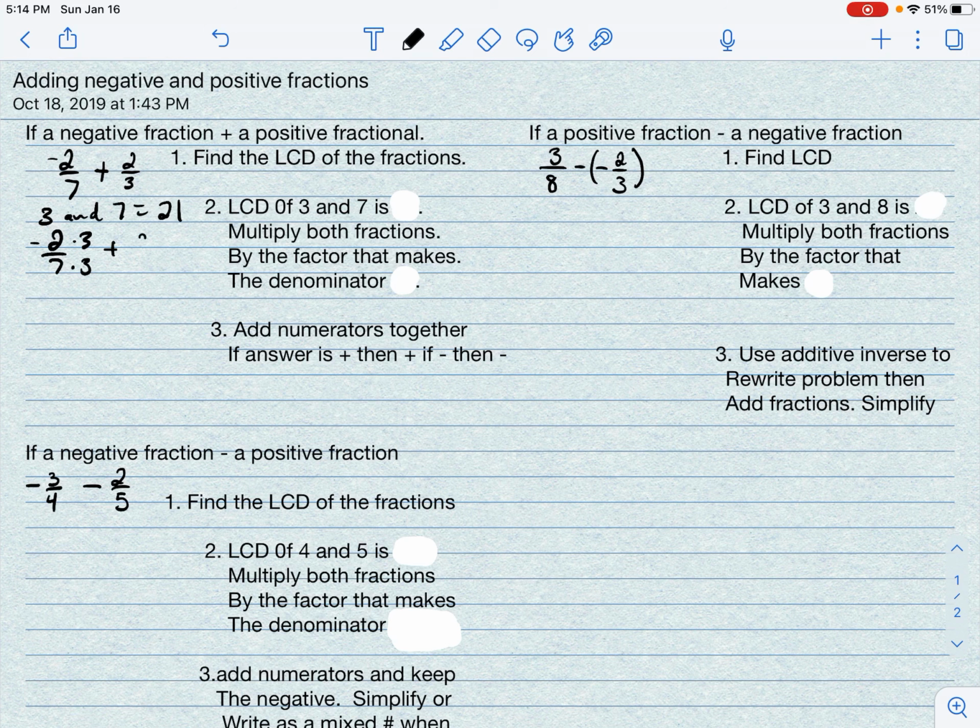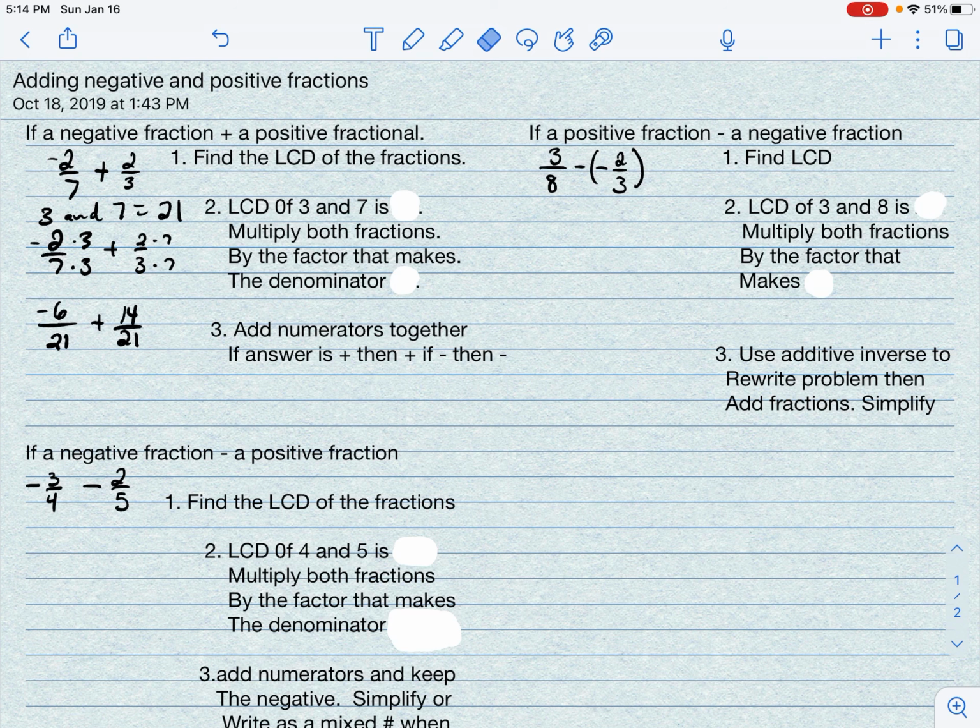And this is plus 2/3, and we're going to multiply that one by 7, both top and bottom, to keep it equivalent and have a common denominator. So 3 times 2 is 6, so this is a negative 6/21, plus 2 times 7, which is 14, over 21.